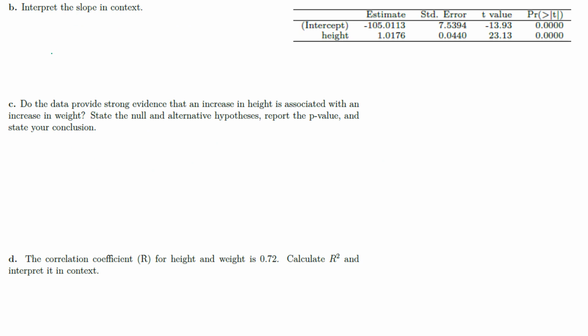All right. So like the last one, let's interpret this slope in context. So here's my slope again, 1.0176 over 1, so we put a 1 on bottom. And so we know that this is our change in x, but our x is height. And then up here would have to be our change in weight.